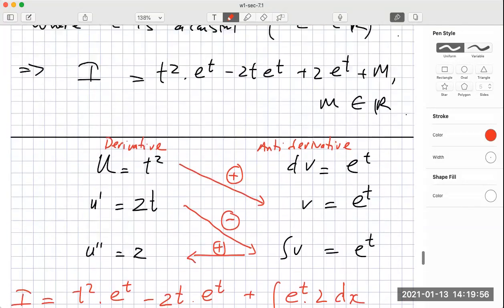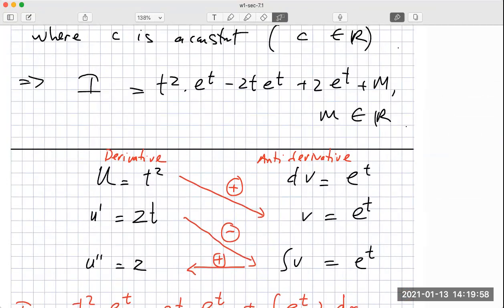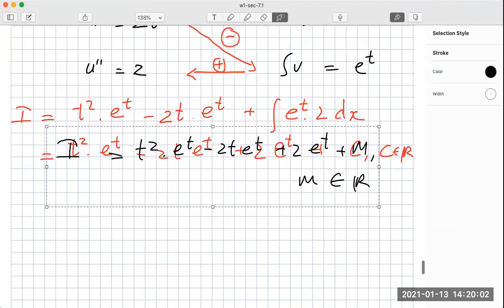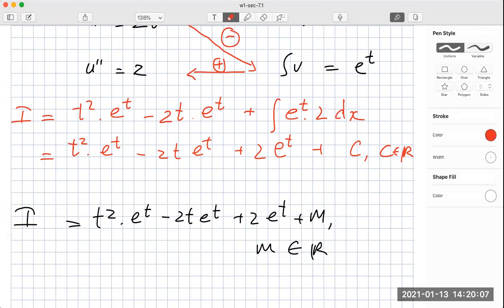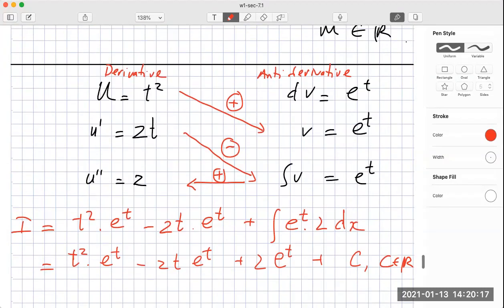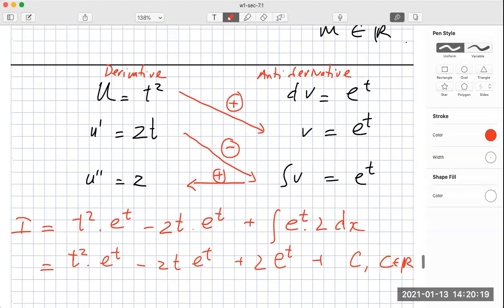Double check the result. What do you think? They're the same. You can do it as many times as you want. But remember, just change the sign every time, from plus to minus.